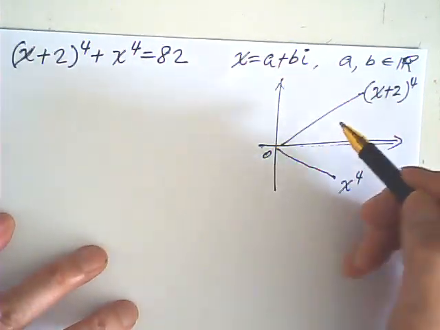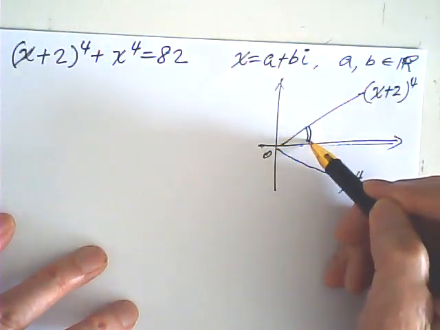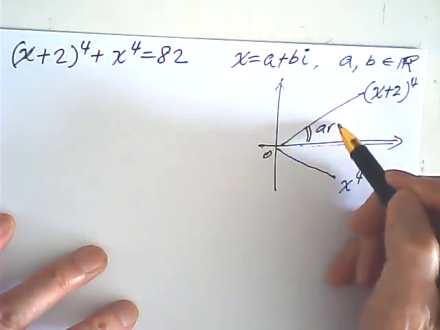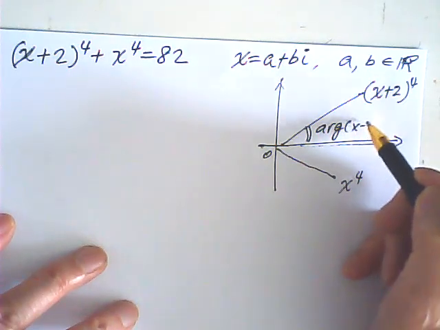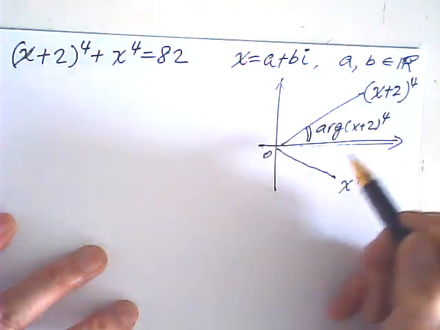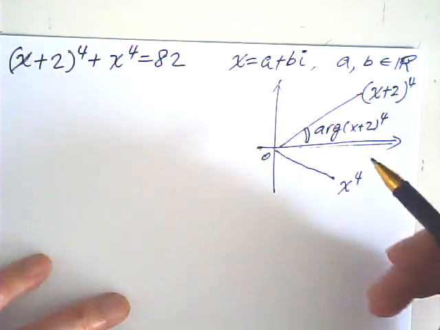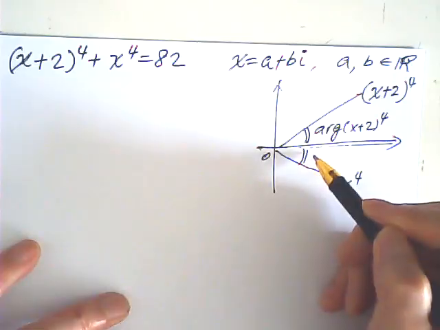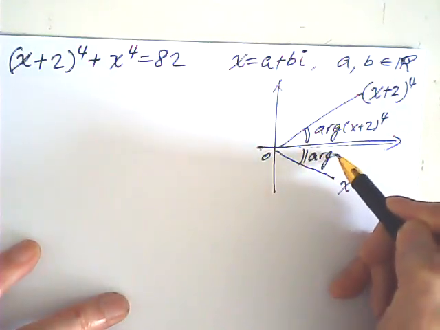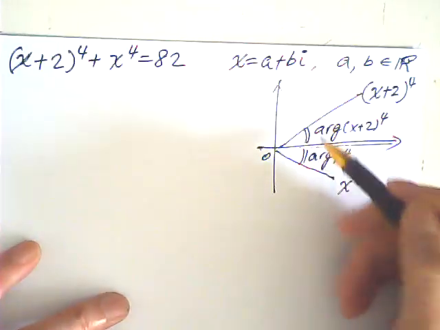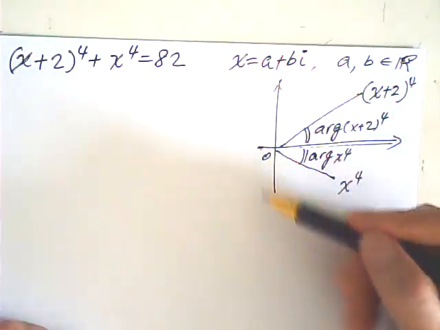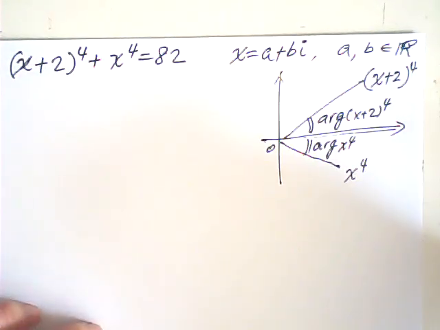Okay, then this is the argument of x plus 2 to the fourth after multiples of 2 pi, and this is the angle, the argument of x to the fourth after multiples of 2 pi.